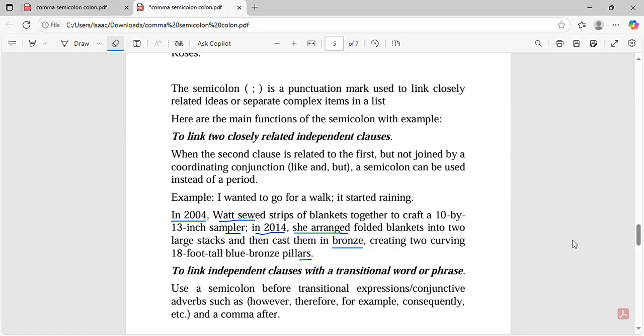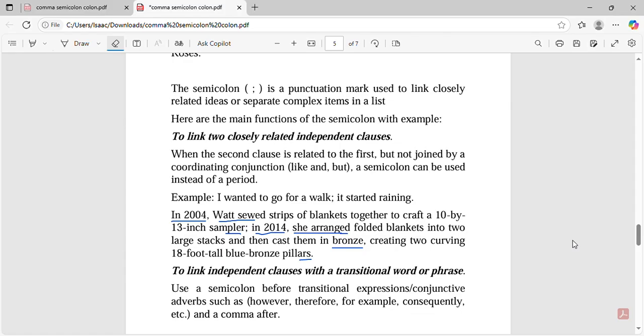You can also use a semicolon plus a conjunctive adverb, or a transitional word, to bring together two independent clauses. Now, what is a conjunctive adverb?